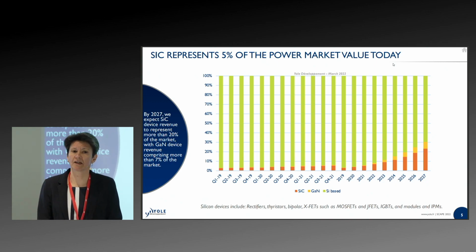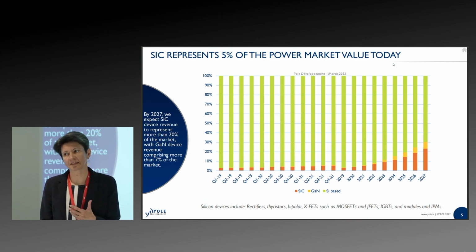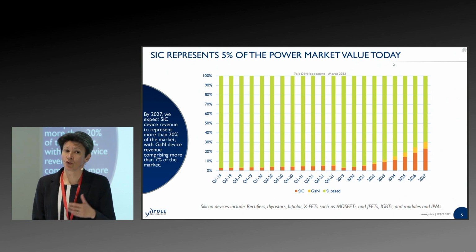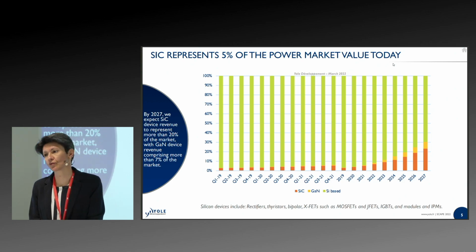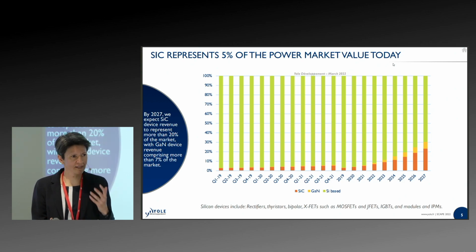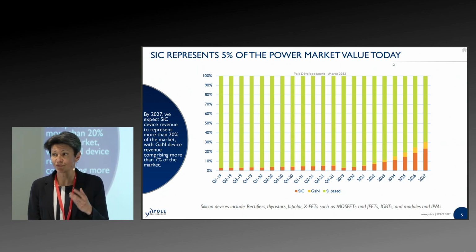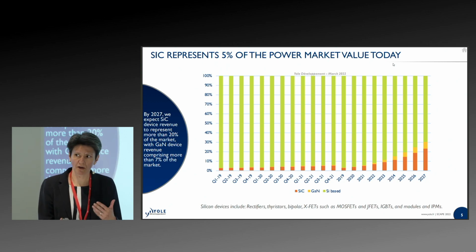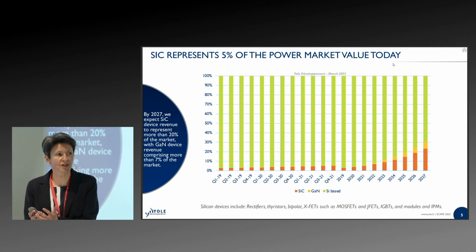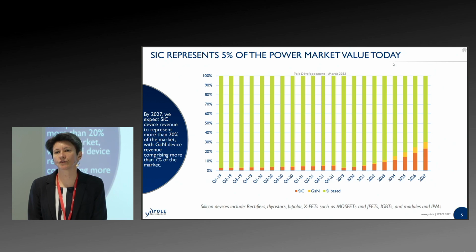Looking into the future, we think that silicon carbide could grab like 20% of the market, while GaN could grab 70% of the market. But this is all related to the price erosion that you will see with the different solutions. So we can always debate the progression and how much market value those technologies will reach in the future.